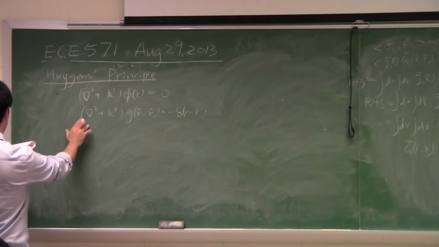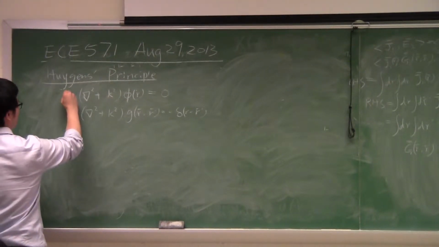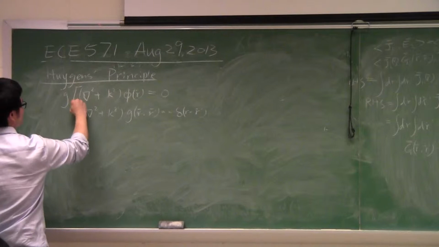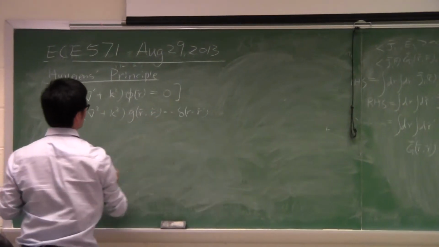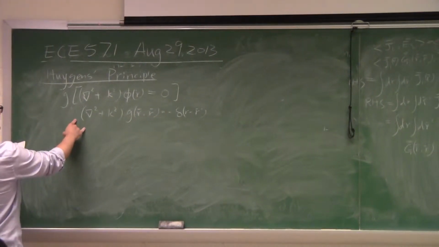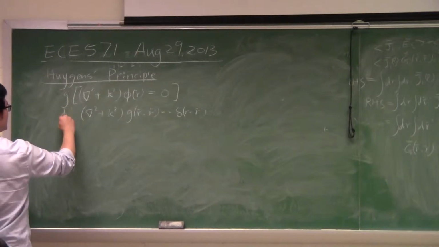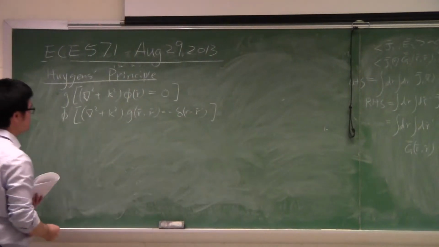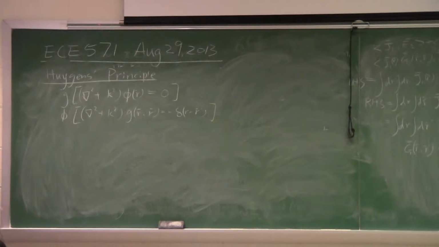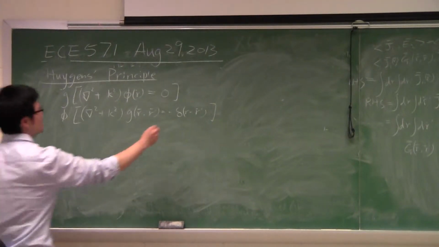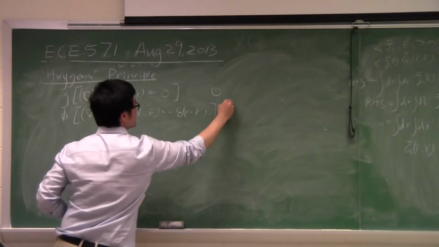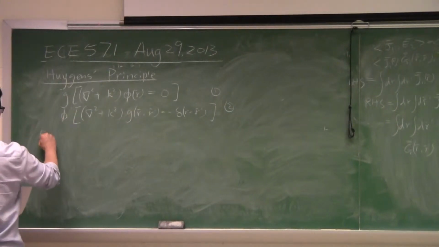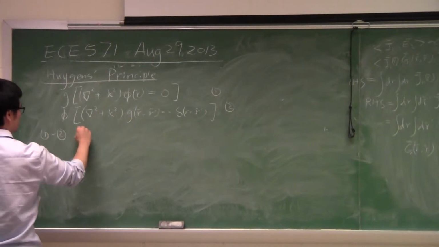And so now what we do is we can multiply this equation by G, and then multiply this by phi. And then we subtract these two equations. And then we integrate.